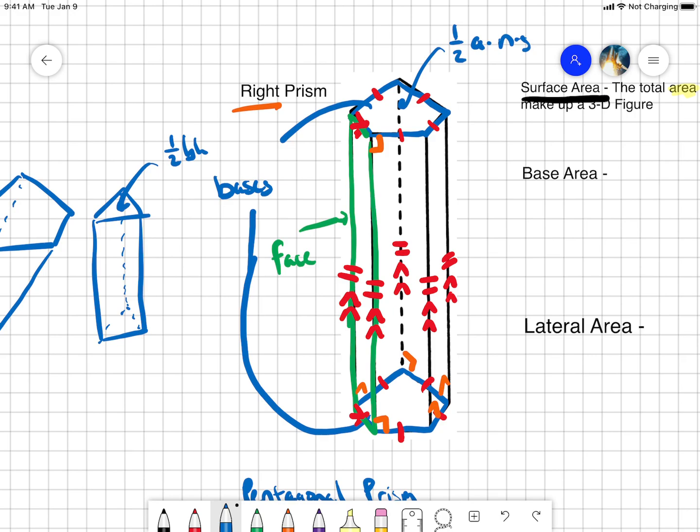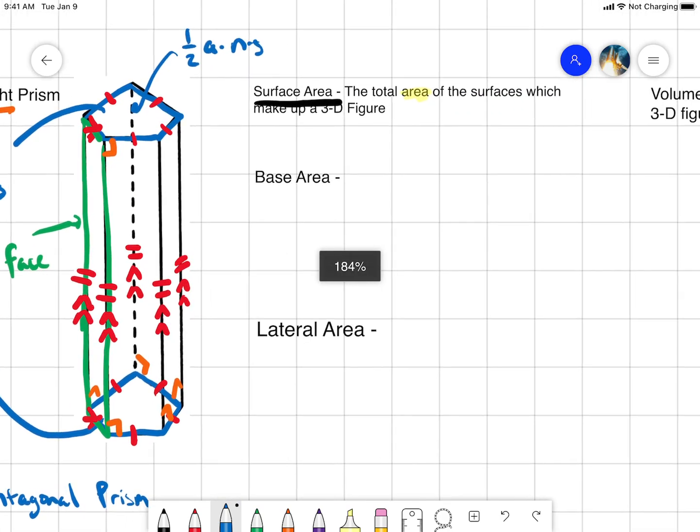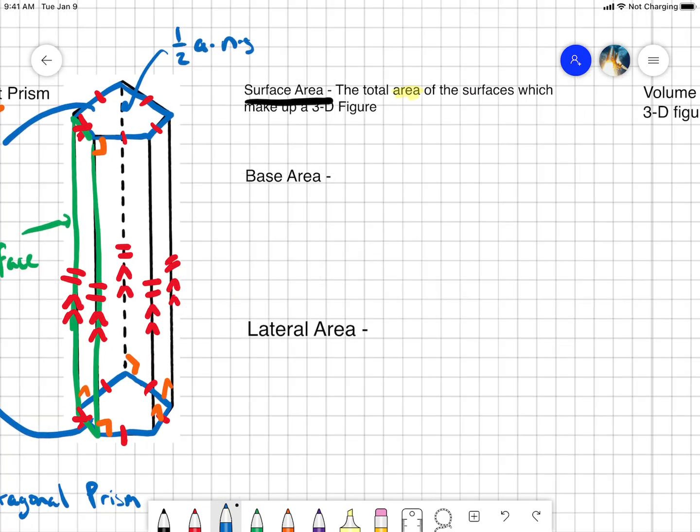There are a couple of different ways that people identify surface area. What I'm going to use is SA, my surface area. In order to figure out the total area of this thing, I want to look at my base areas.